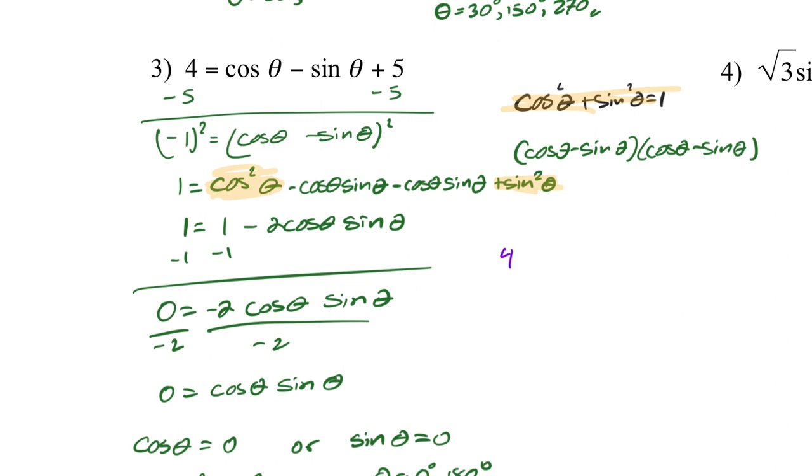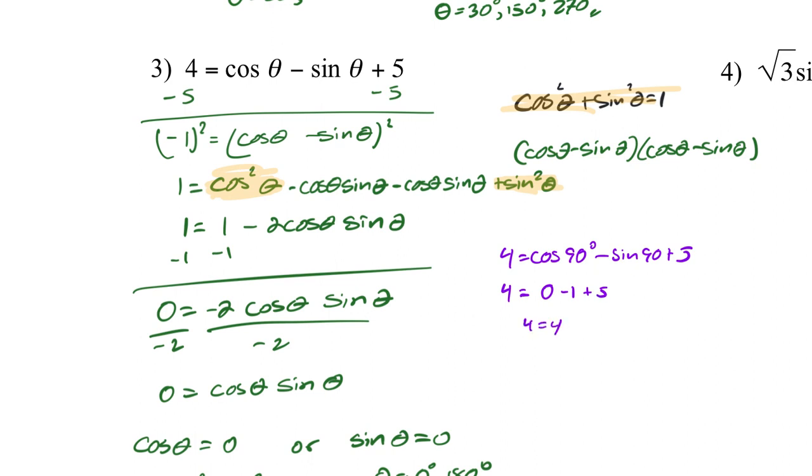So I got 4 equals cosine of 90 minus sine of 90 plus 5. So I'm substituting each one, the 90, the 270, the 0, and the 180 into the original equation. So that means that I got 4 equals 0 minus 1 plus 5. So I got 4 equals 4.